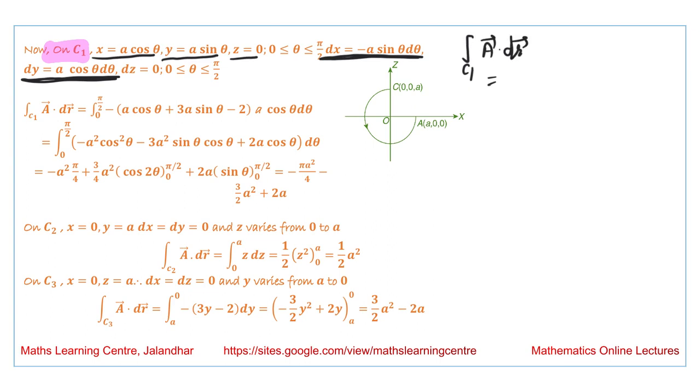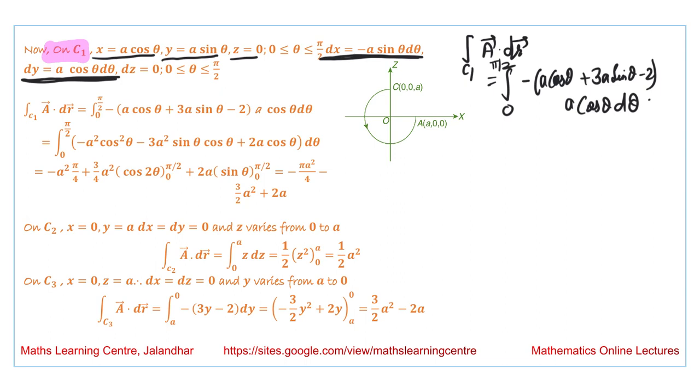If we substitute these values, the integral becomes integration of minus a cos theta plus 3a sin theta minus 2 into a cos theta d theta, and in this case theta is varying from 0 to pi by 2.